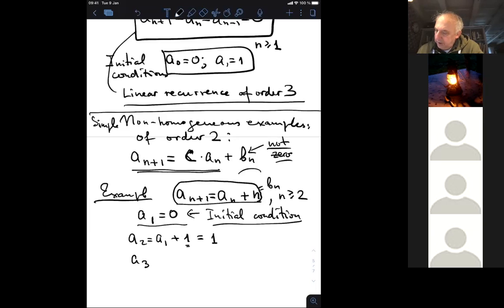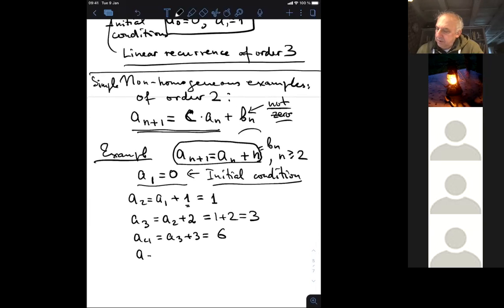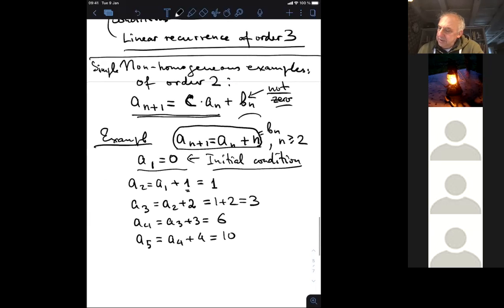So a3 equals a2 plus 2, so 1 plus 2 is 3. A4 equals a3 plus 3, which is 6. Let's do one more. A5 equals a4 plus 4, which is 10. So we're getting the sequence 0, 1, 3, 6, 10. The next one would be 15.